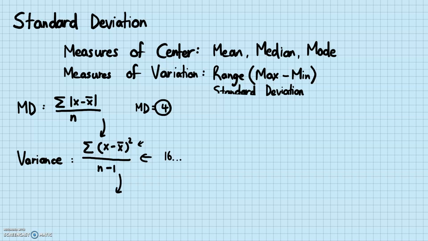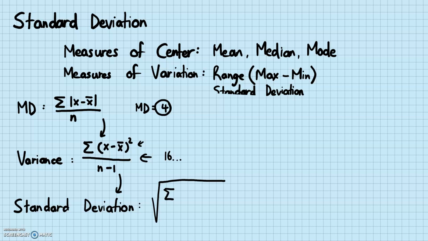So that's why we get another measure of variation, and this is what's called the standard deviation. This is what's being used the most among statisticians to find the measures of variation. And what standard deviation is, it's basically just the square root of variance. Square root of the sum of all the differences.